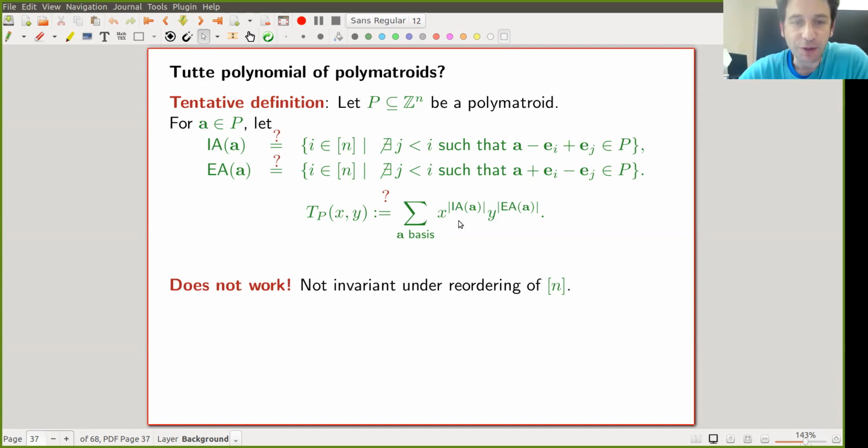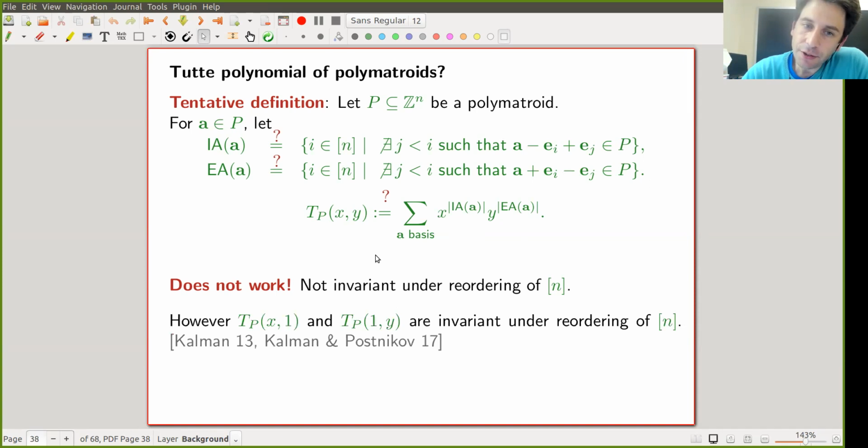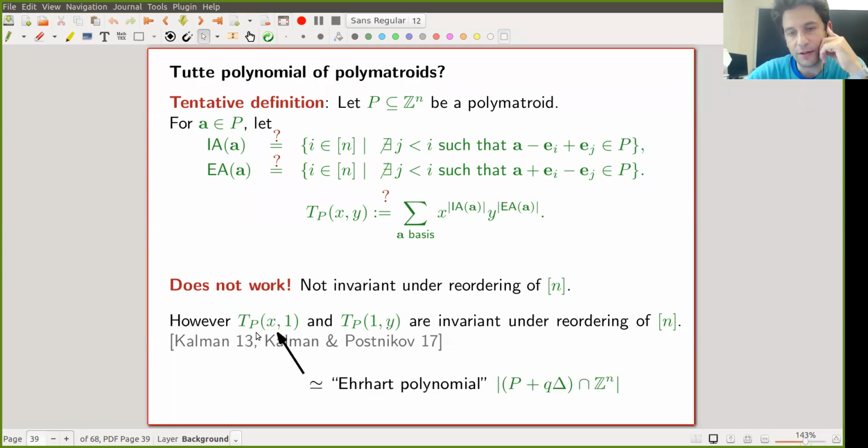I'm not going to say everything, but let me say a little bit more here. The thing is, it didn't work, but there are 2 things that did work, which was that if you specialize one of the variables to 1, then the sum became invariant. So in some sense, this definition was not good, but it was close to being good. And one of the proofs to show that these specializations were indeed invariant under reordering of n is that they were equivalent to some kind of Ehrhart polynomial, which were independent of the ordering.